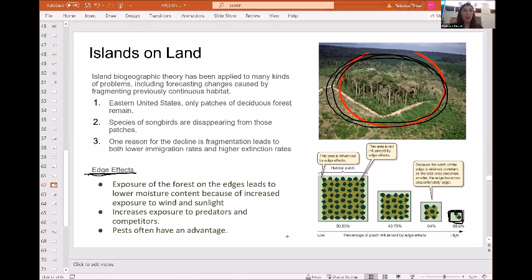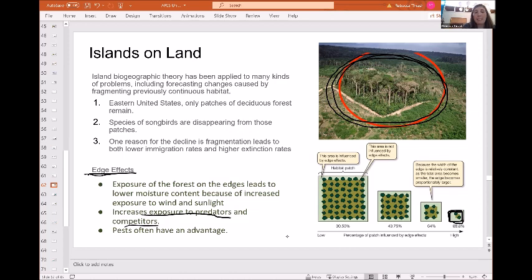So if you have a question on the AP exam about, what are some of the impacts of deforestation, other than climate change, it decreases biodiversity because you've got the species area curve. And it also increases edge effects, which increases exposure to predators and competitors.